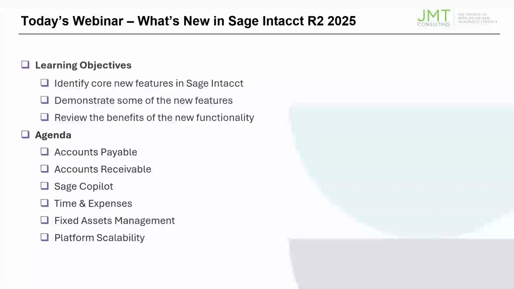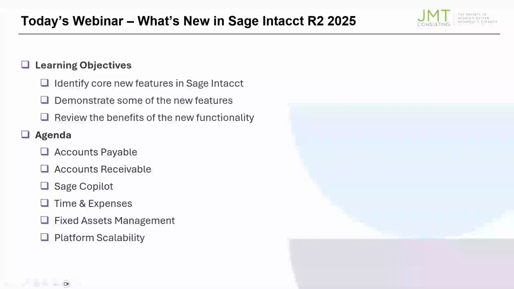So today, what are we hoping to accomplish? Well, we want to focus on some specific new features in Intacct that are already available as of about 2.5 weeks ago. A lot of the features Fabiola is actually going to demo in Intacct, and we'll also point out the benefits of switching to it.